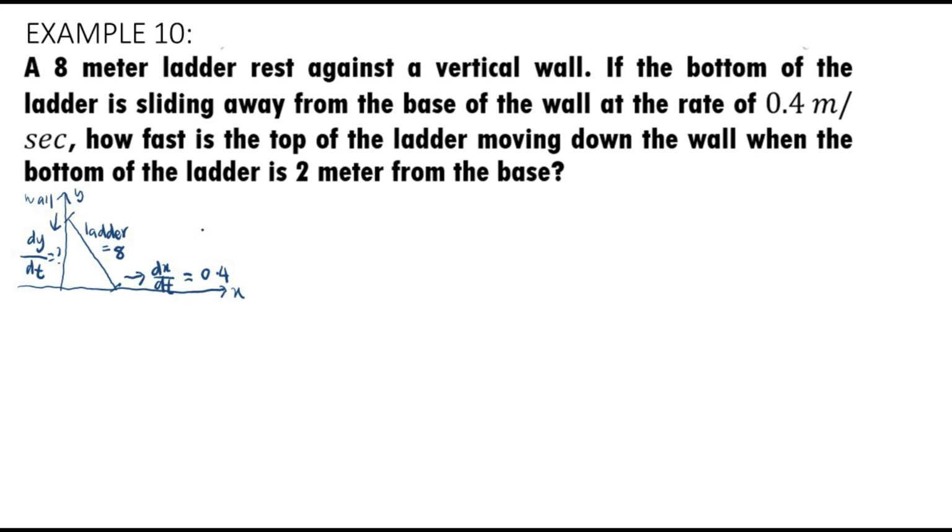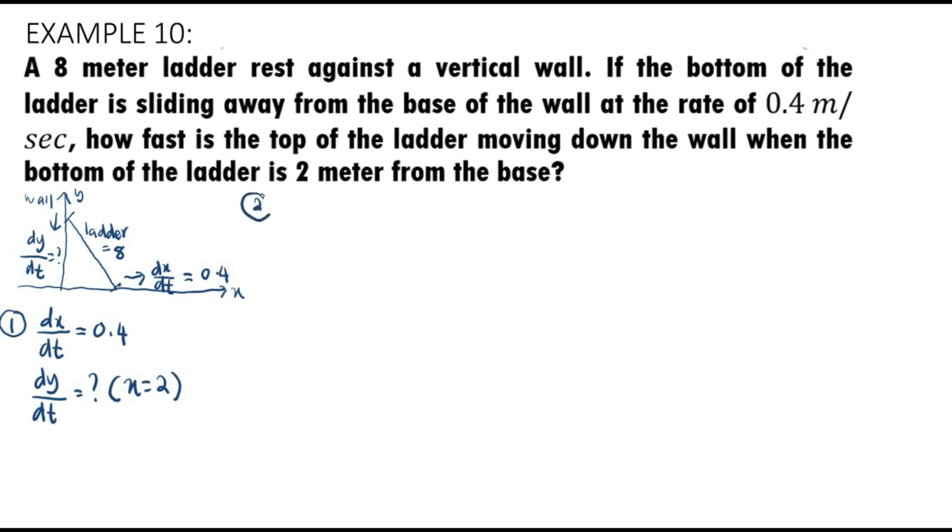So based on this, we can conclude for our first step, the question already gives information about dx over dt, which here is 0.4, and then we have to find dy over dt when our x is basically 2 meter from the wall.